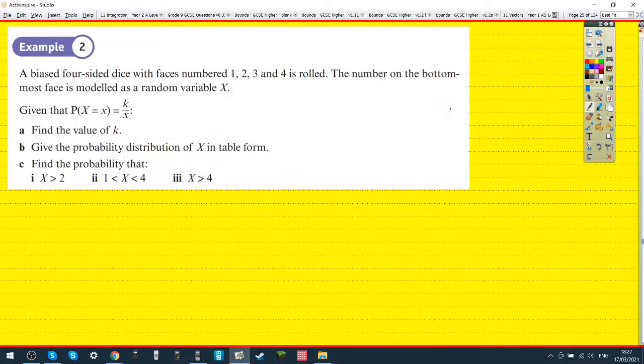Okay. How about this? Any idea about this? And if it helps, first turn it into a table. Okay. So x is 1, 2, 3, 4.